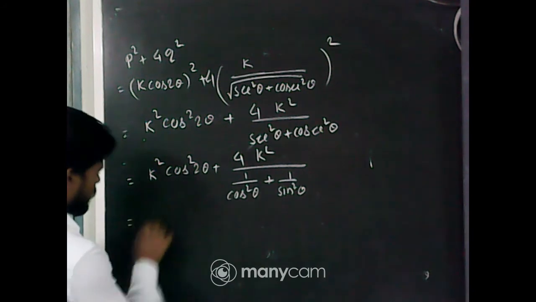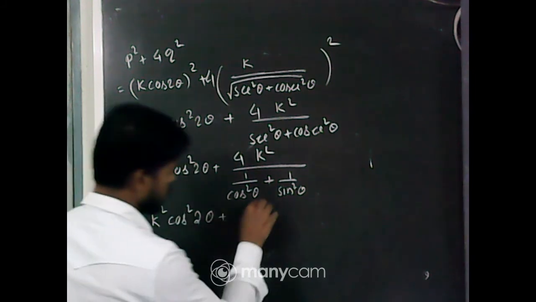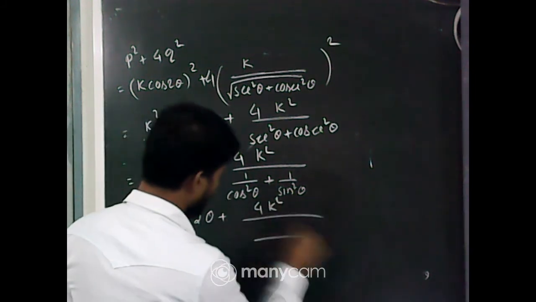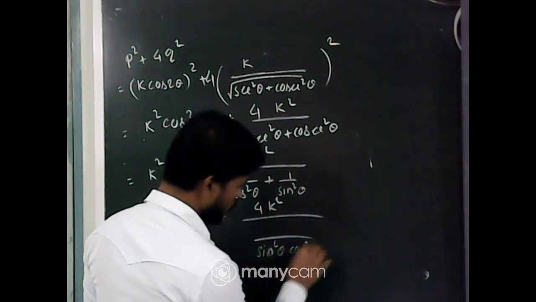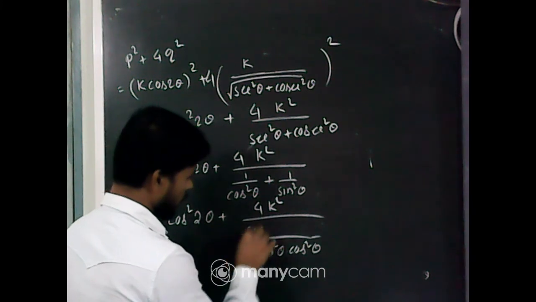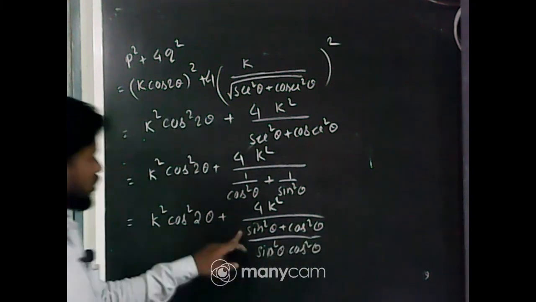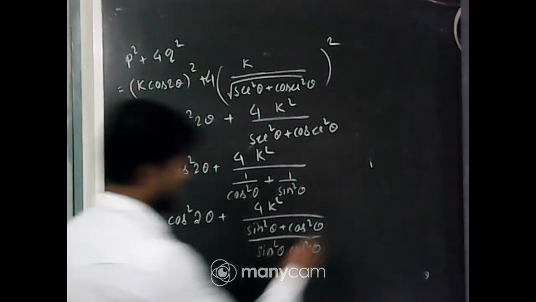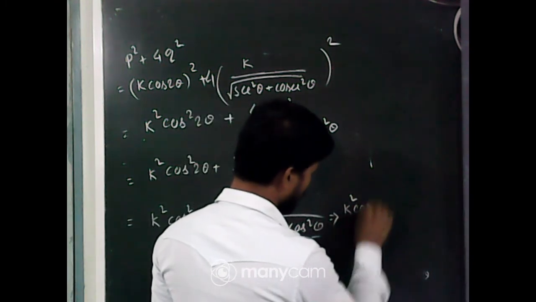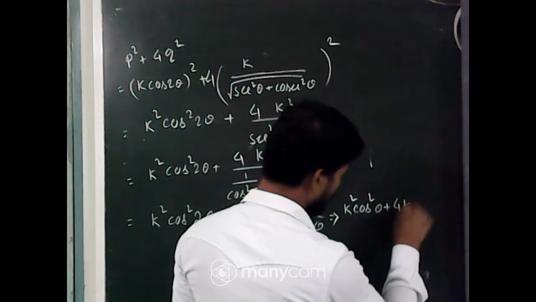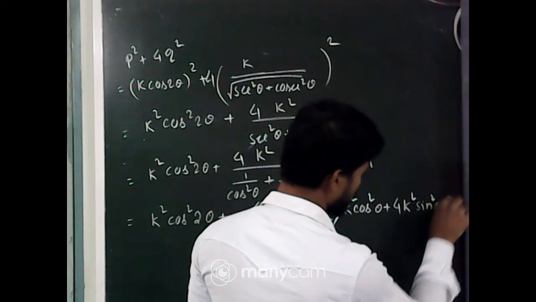Okay, which means k square into cos square 2 theta plus 4k square divided by, do the LCM. So LCM will be sin square theta into cos square theta. It will be sin square theta plus cos square theta, and we know that sin square theta plus cos square theta is equal to 1, which implies k square cos square 2 theta plus 4k square by sin square theta cos square theta.